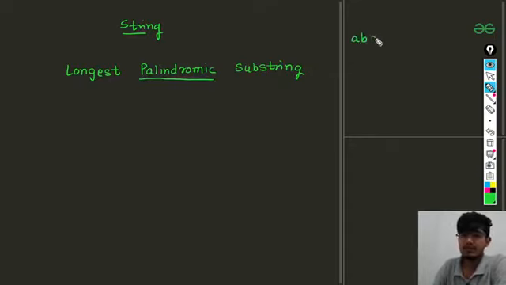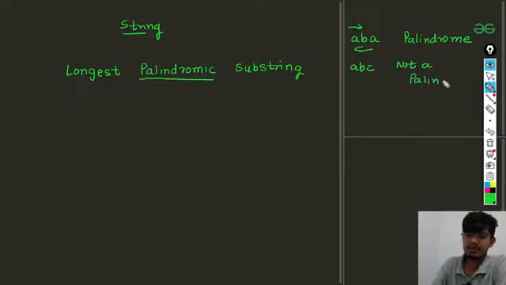Basically if you read ABA from the front or from the back, both are the same. In both ways you will be reading ABA only. That's a palindrome. Another example: if the string is ABC, it is not a palindrome. As simple as that.